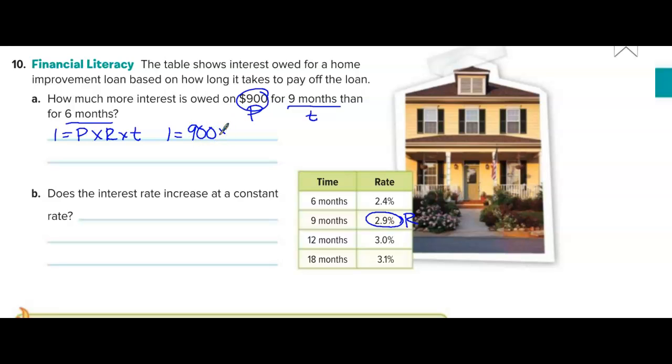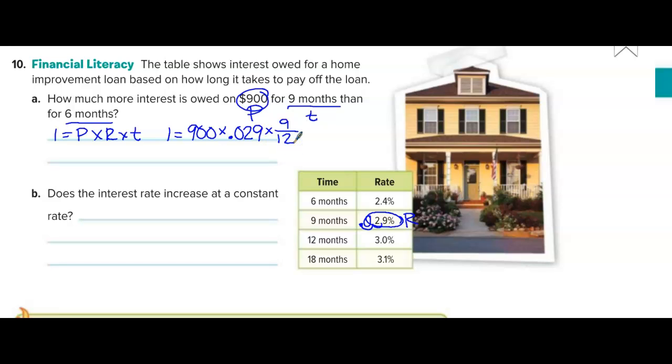times, we need to change 2.9% into a decimal, so I'm going to go ahead and move it 2 places, and I get 0.029. And then I take it times our time. Now our time is 9 months, and our time always has to be represented in years to use our equation. So we have 9 out of 12 months.